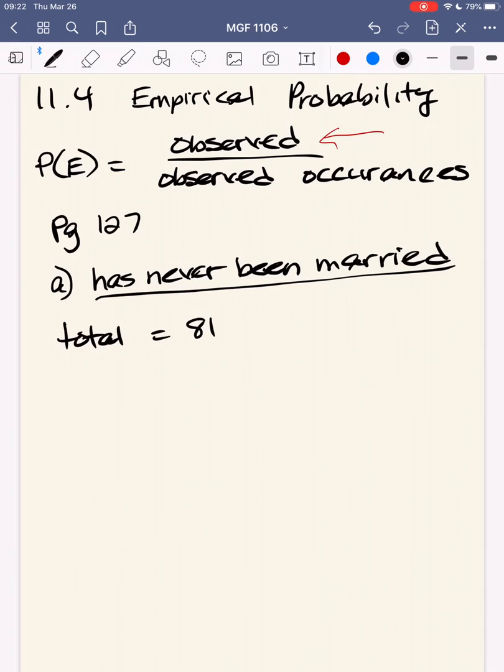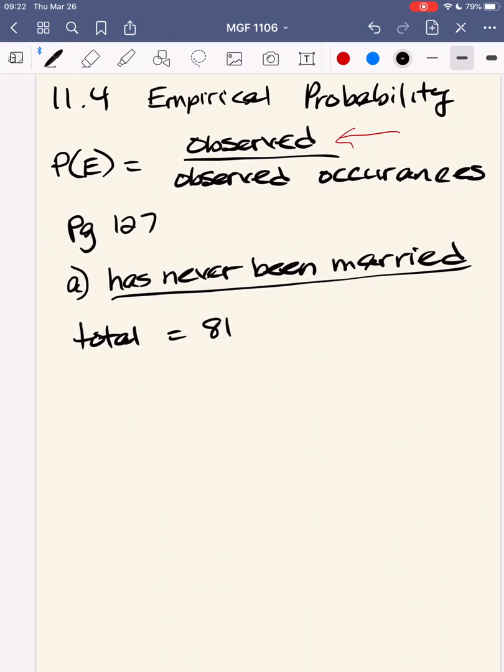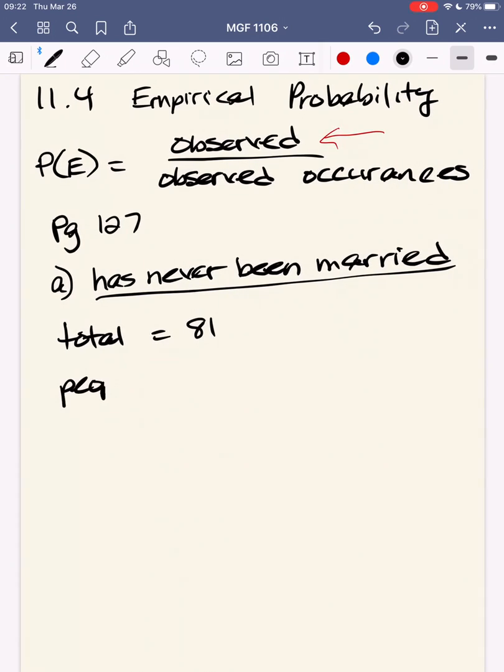That's that fifth column down. The total number of people that they surveyed is 254. So this ends up being 81 over 254.